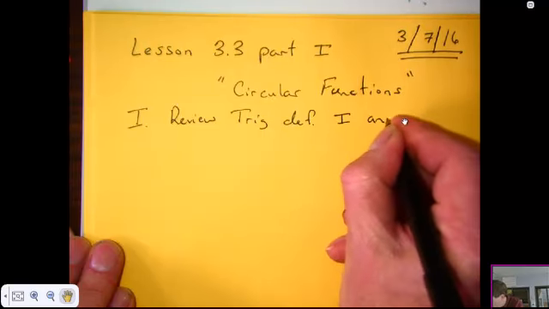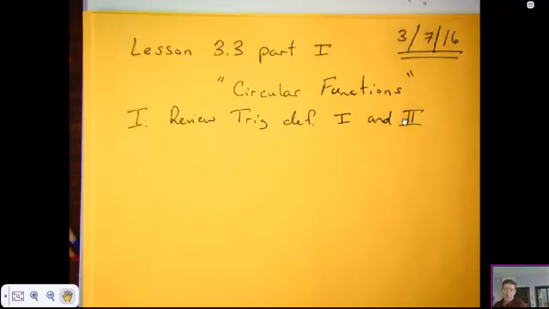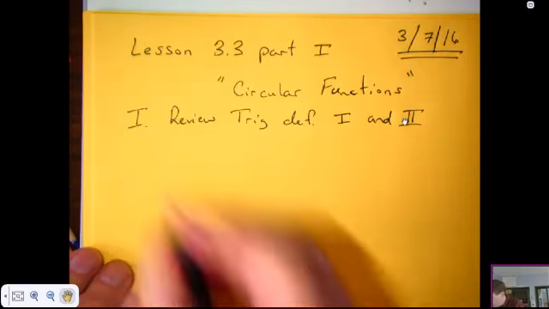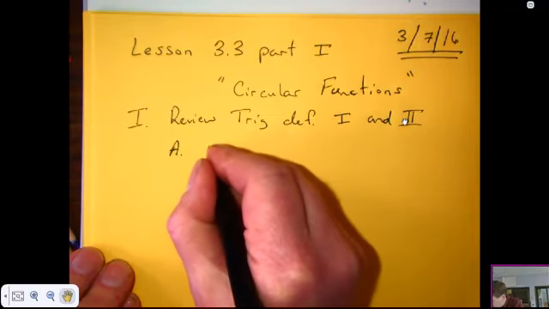So we're going to review these first two because this will kind of pull all this together into this third definition. And we continue to use these two as well. The first one was our coordinate plane definition.